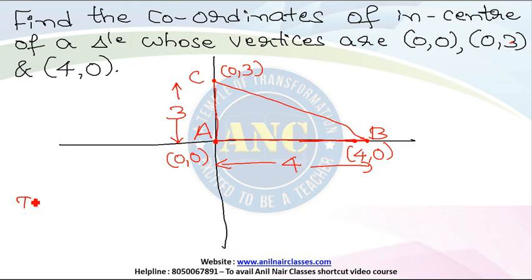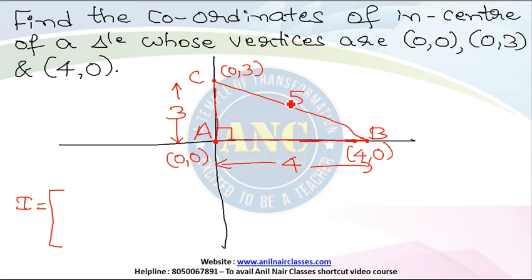Simple. In-center is given by the notation ax1 plus bx2 plus cx3 divided by a plus b plus c. Right? That means, okay, this is 3, this is 4, this is a right angle triangle, hypotenuse should be 5, right?